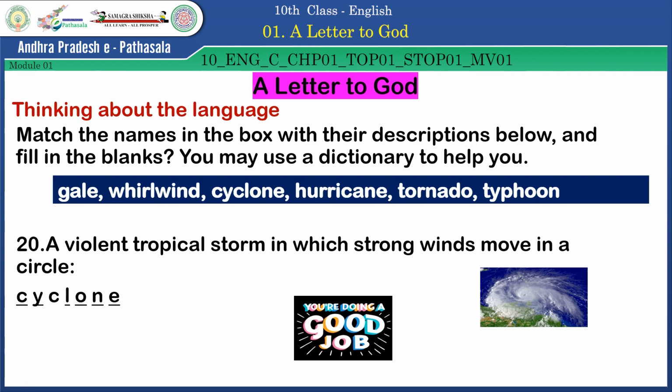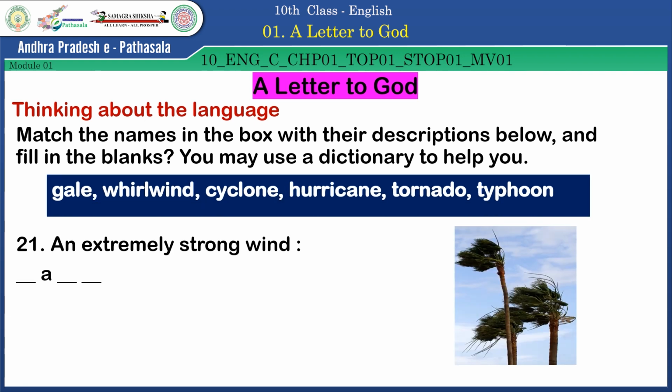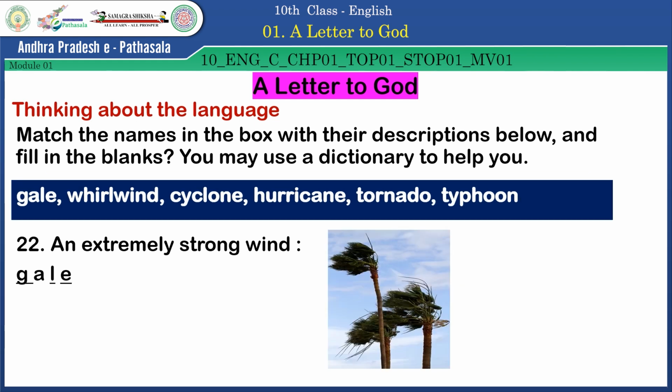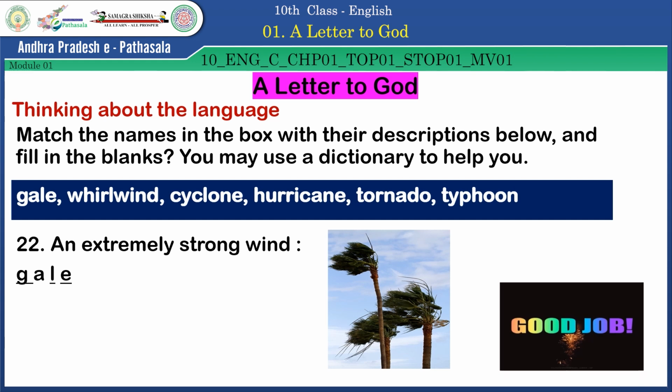Good job. Next question. An extremely strong wind. Yes. What's the right answer? Yes. An extremely strong wind is a gale. We need to choose gale. Yes, you are right. Good job.